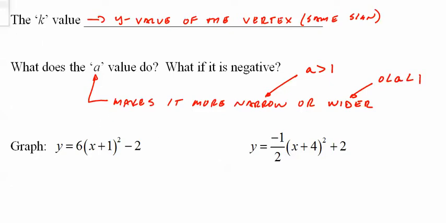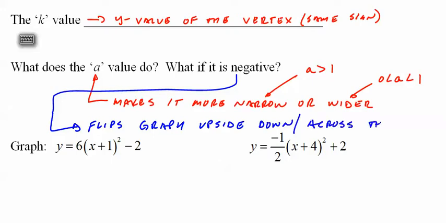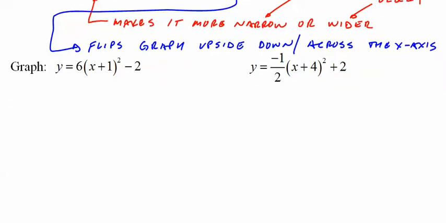Negative, as we already know, it flips the graph upside down. Really across the x-axis. More accurate way to describe it.